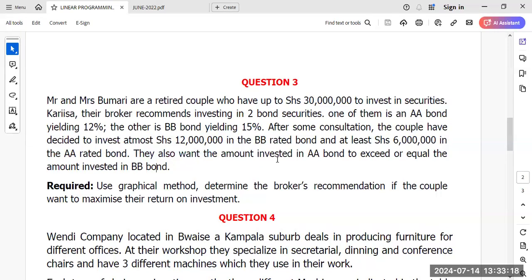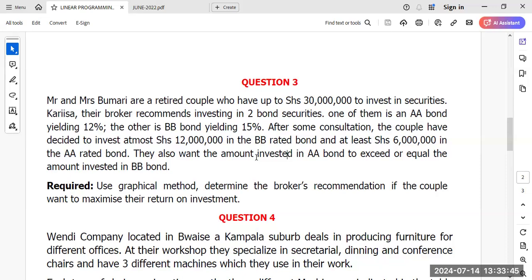They are saying they also want the amount invested in AA bond to exceed or equal the amount invested in BB bond. And I said that the fact is, you really don't know the real amount of money invested in AA bond.